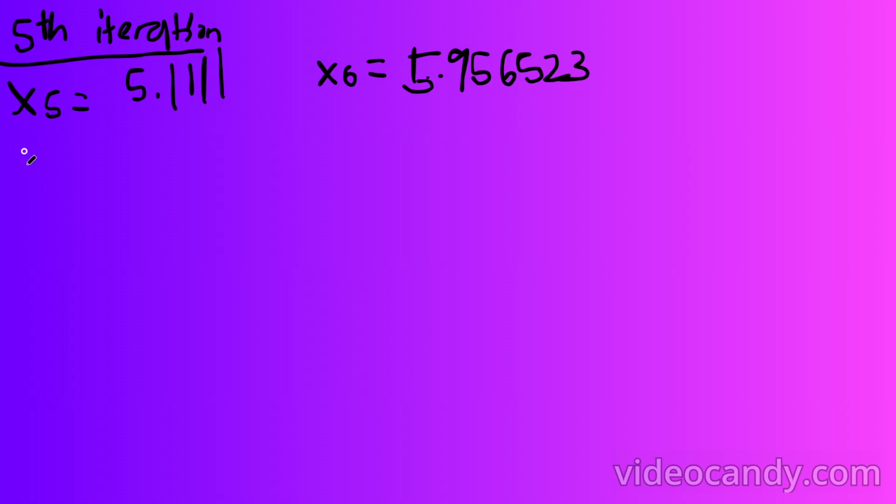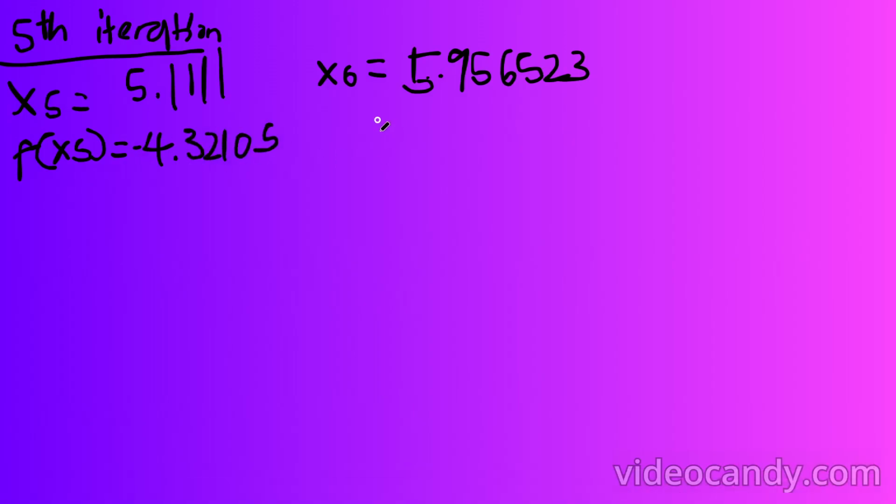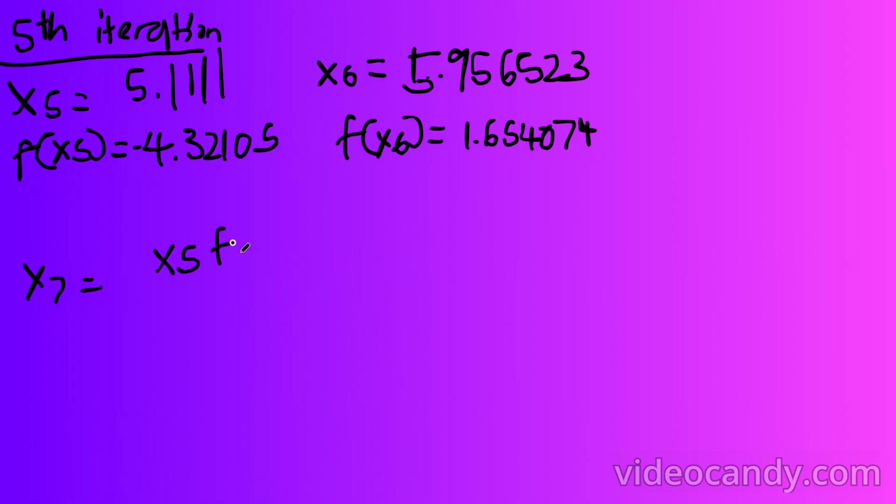So f of h5 is negative 4.32105. f of h6 is 1.654074074. Yeah. So as for the h7, that's f of h6 minus h6 f of h5.